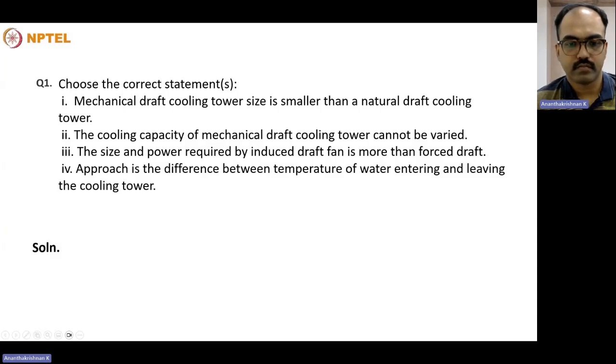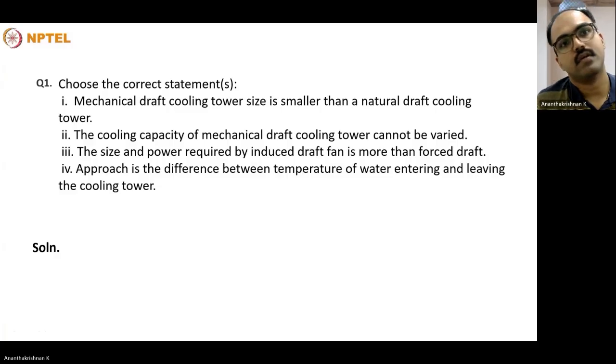Choose the correct statements. Mechanical draft cooling tower size is smaller than that of a natural draft cooling tower. The cooling capacity of the mechanical draft cooling tower cannot be varied.